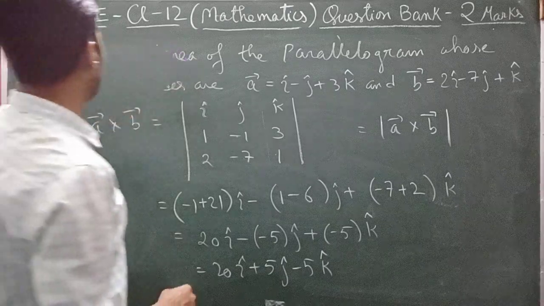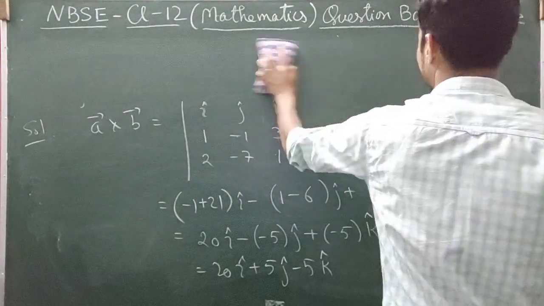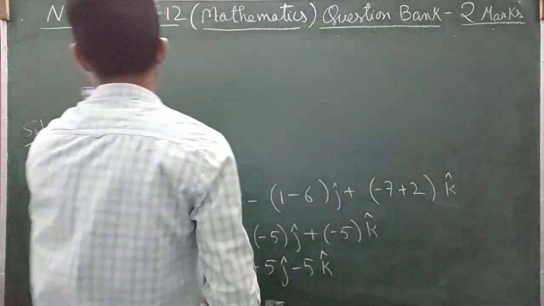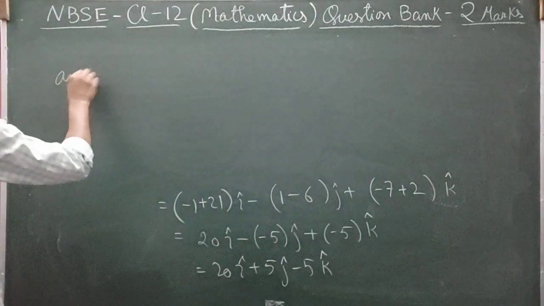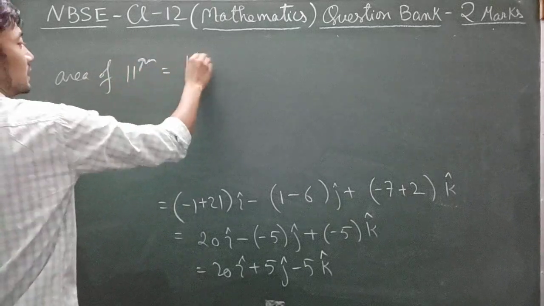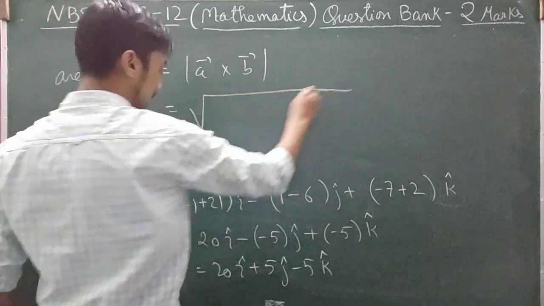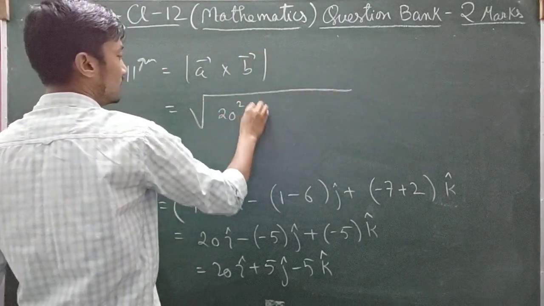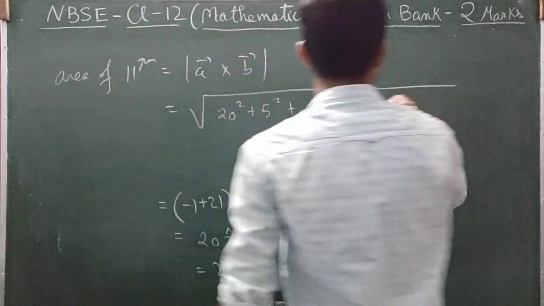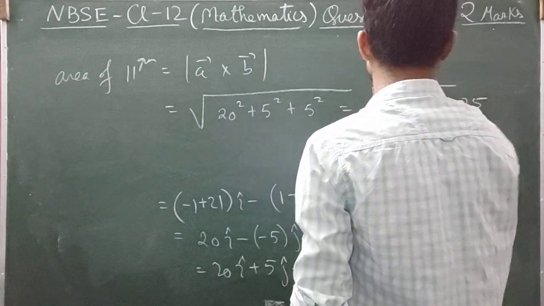So the area of the parallelogram would be magnitude of A cross B. So therefore area of parallelogram is nothing but magnitude of A cross B. So that's simply again 20 square plus 5 square plus 5 square. So that's 400 plus 25 plus 25.